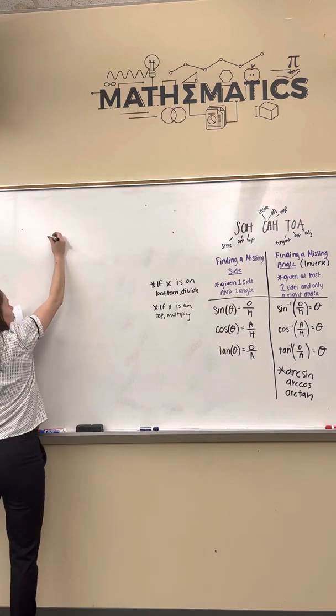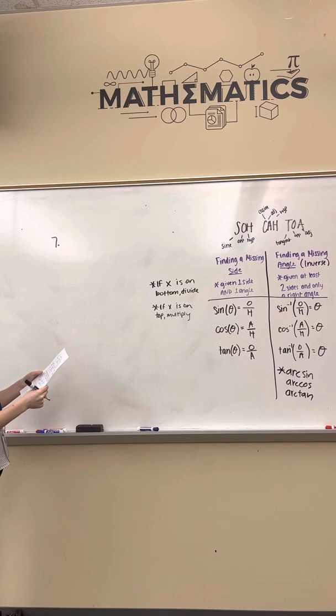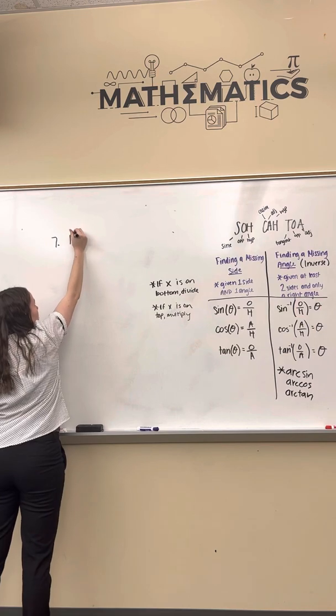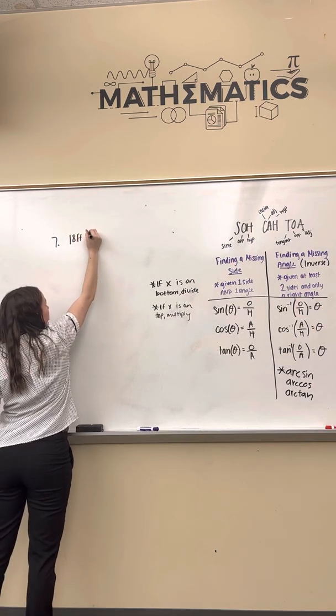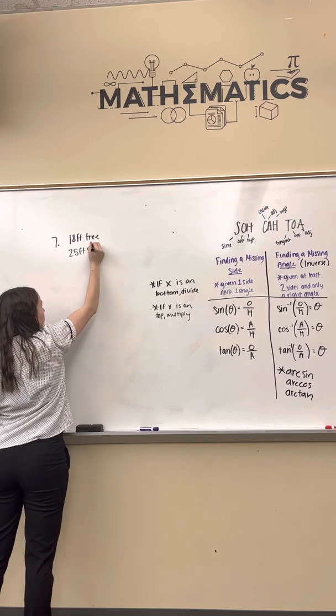Okay, this is a word problem, and it says that an 18-foot tall tree casts a shadow that's 25 feet long. So I'm not going to write the whole problem, but it says 18-foot tree and a 25-foot shadow.